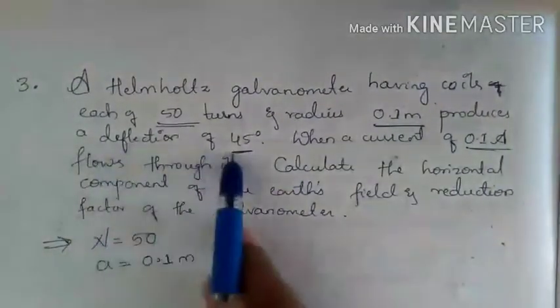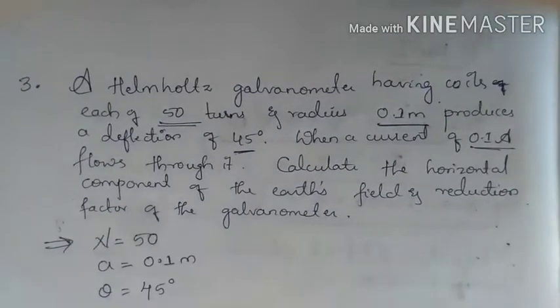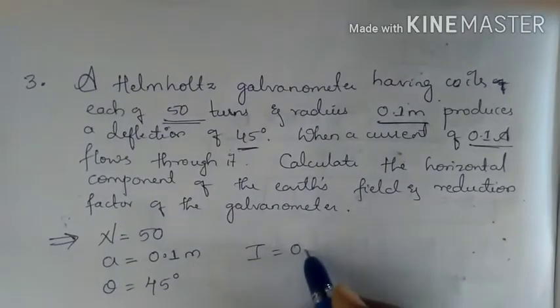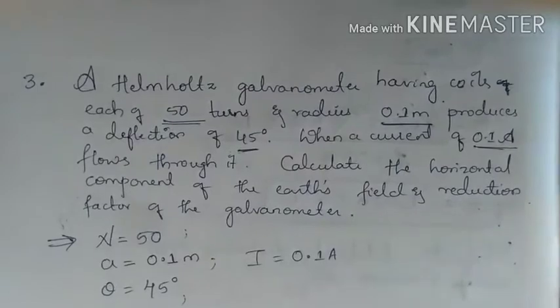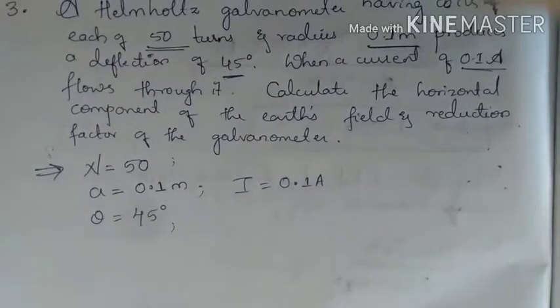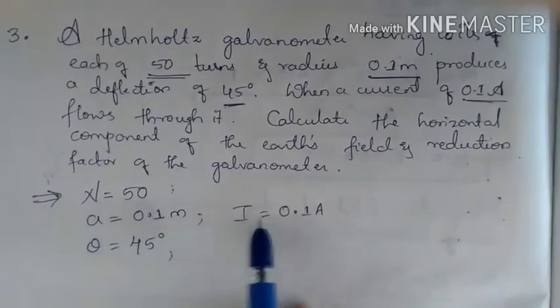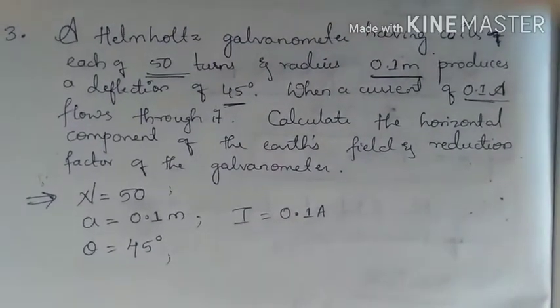And next we have the deflection, that is θ equals 45 degree. And then we have a current of 0.1 amp. So all are in SI units, so don't change them. Here we have meters, here we have amps, so no worries about converting them.